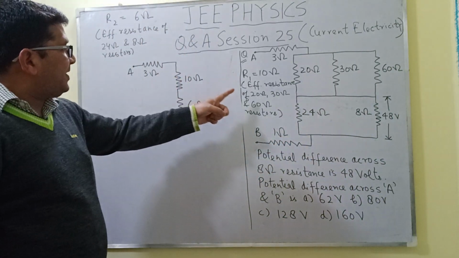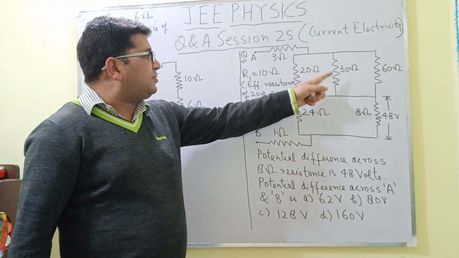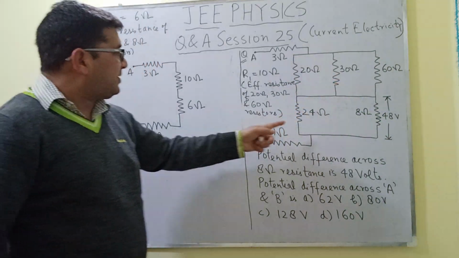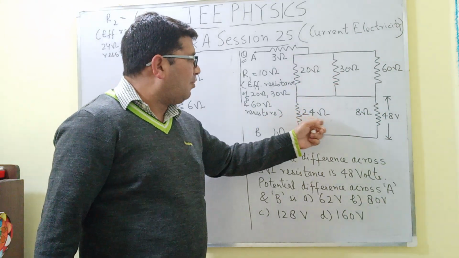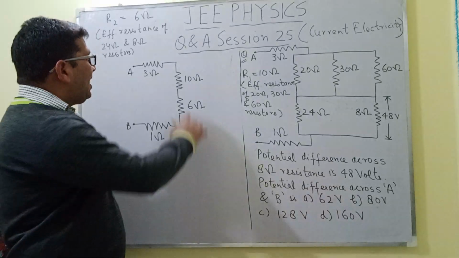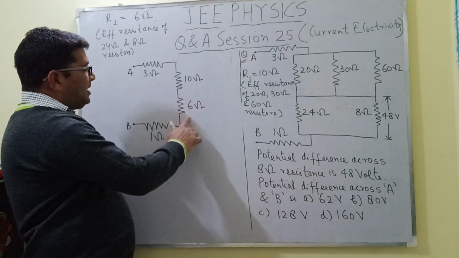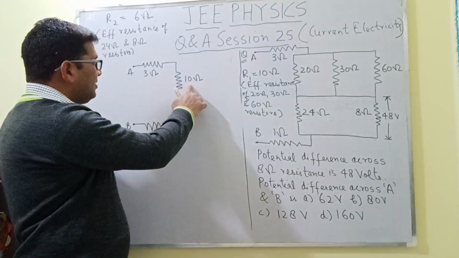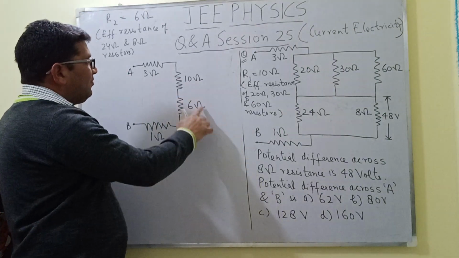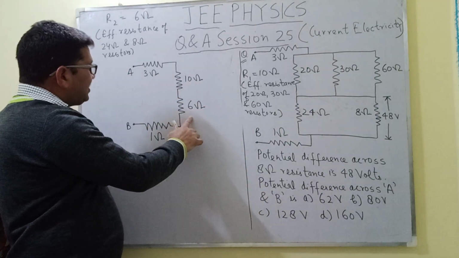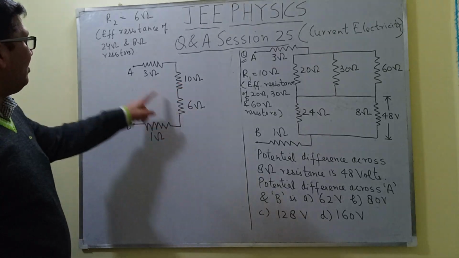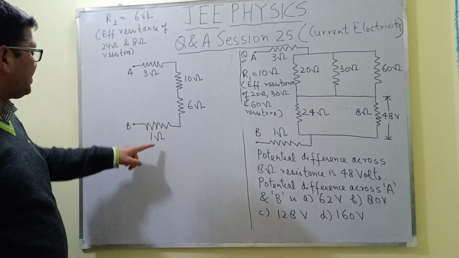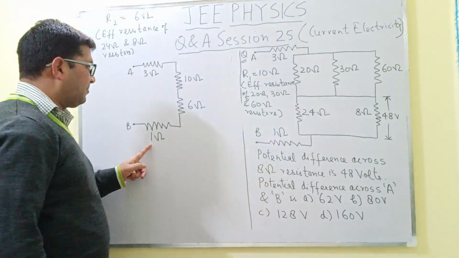Now the effective resistance of this 20 ohm, 30 ohm, 60 ohm and the effective resistance of this 24 ohm and 8 ohm resistors, they are in series. So that's why I have drawn these two effective resistances in series, and these two will be in series with this 3 ohm resistor and this 1 ohm resistor.